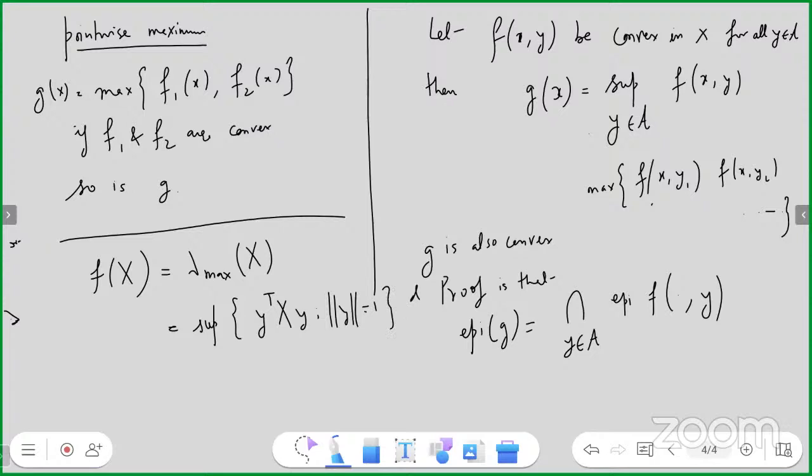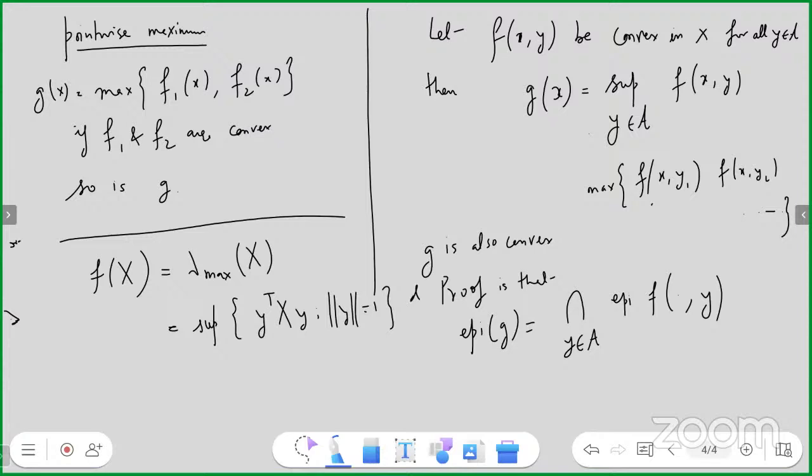We've done it before. So why can I use this? I want to use that to claim that this function is convex. Why can I use it? As a function of X, what is y transpose X y? What kind of function is this?